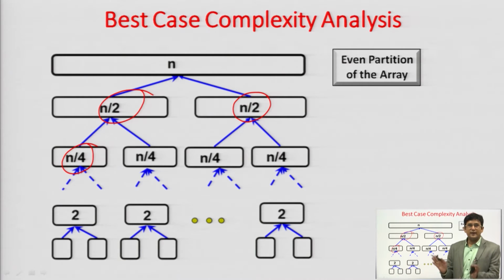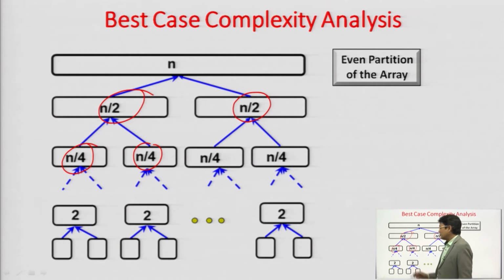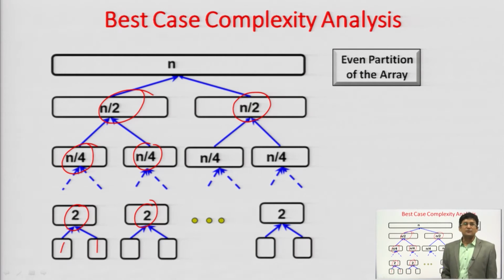So, it is divided into n by 4 and n by 4 parts, and then n by 4 is again divided into n by 8 and n by 8 parts, and if we keep on dividing, we have parts of the array as 2 and 2, and then let us say it is further divided and it has 1 and 1 element each. So, once you have reached an array which has a single element, further partition will not be required. So, you stop here and you start combining your solution.